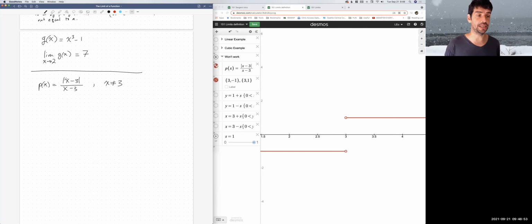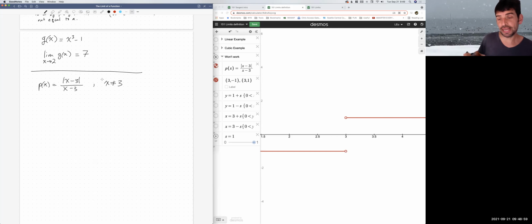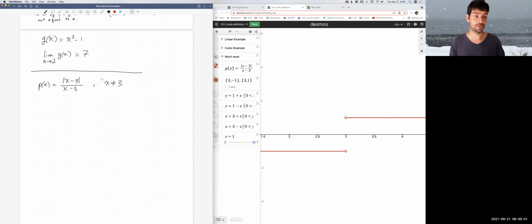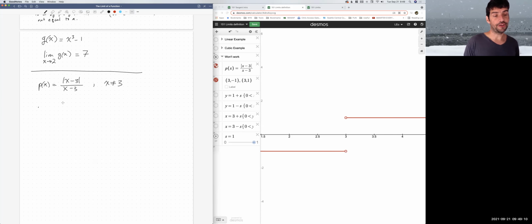Any number we put in, we get the same number in the numerator as the denominator, except for one thing. They may or may not have the same sign, right? If x minus 3 is positive, then they're both positive numbers, because the absolute value of a positive number is positive, and they're the same number, and so you get 1.